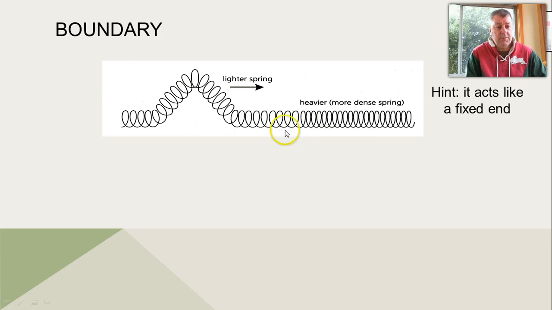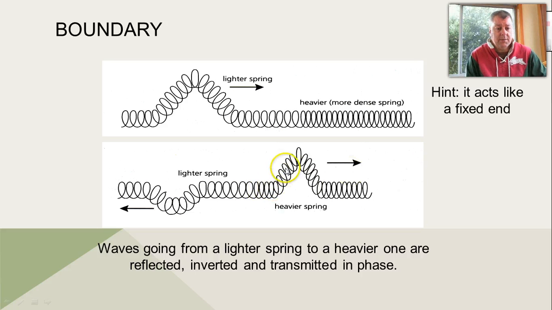Okay, what happens here? Here we've joined two springs, a light spring and a heavy spring. Of course it's heavy, it sort of acts like a fixed end, but it's not like a wall or something. Some energy will go into this spring, and so here we have our pulse moving from left to right, and some of the energy will go into the heavy spring, and some of it will be reflected, and it will be inverted.